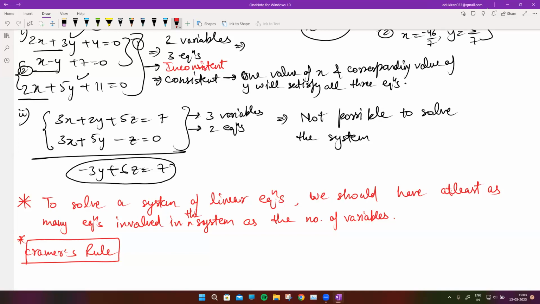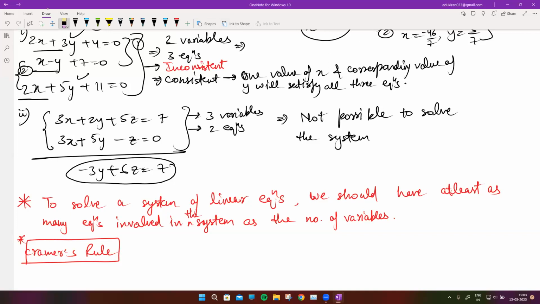Okay, Cramer's rule is not there, but Cramer's rule is far easier than the inverse method, but it's okay. So there is a rule, Cramer's rule, which can give you that cross multiplication formula directly.